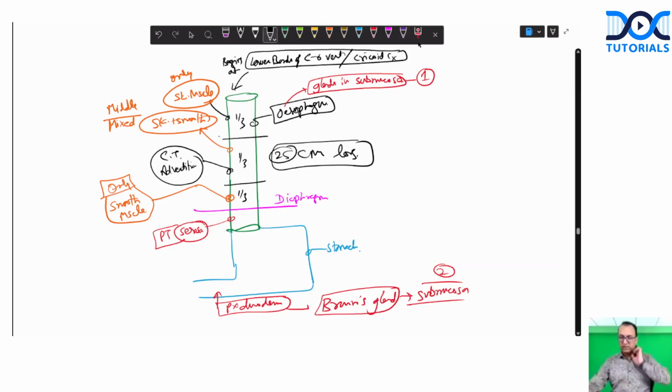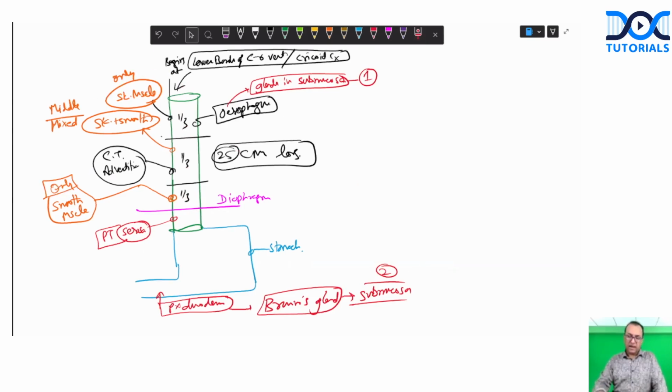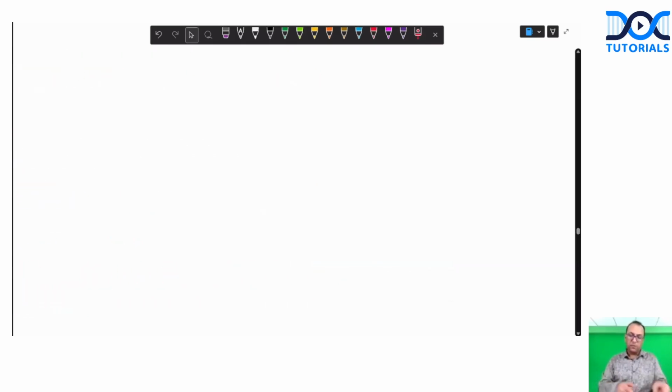The other thing they are asking about the esophagus is about the constrictions. As you talk about the constrictions, there is a controversy. And what is the controversy? Let me tell you.